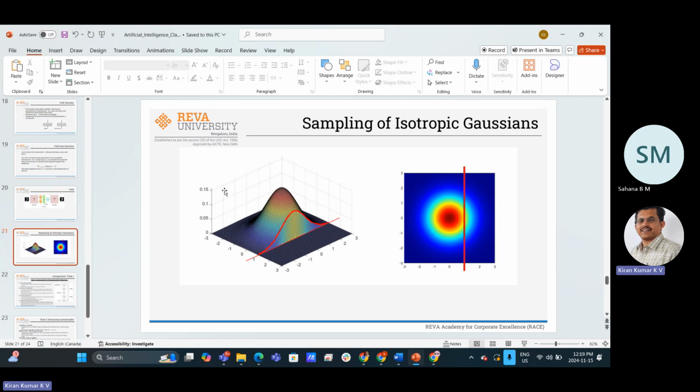We are taking random values of mean and standard deviation. The latent space output is this Gaussian distributed data. In that, you need a mean value mu and a standard deviation. Take any sample value here. Simple. You'll get a random mu value and a standard deviation. That will give an output.